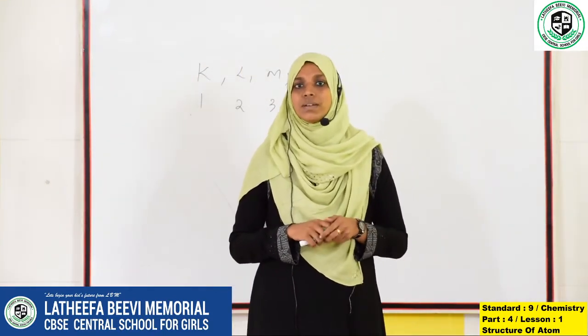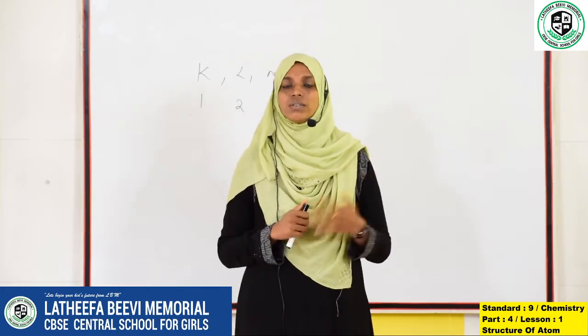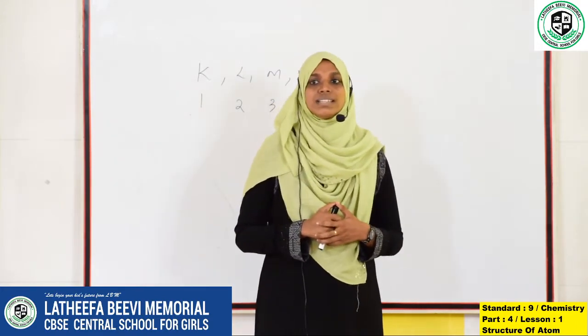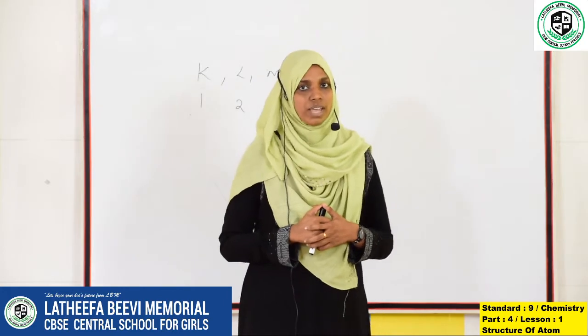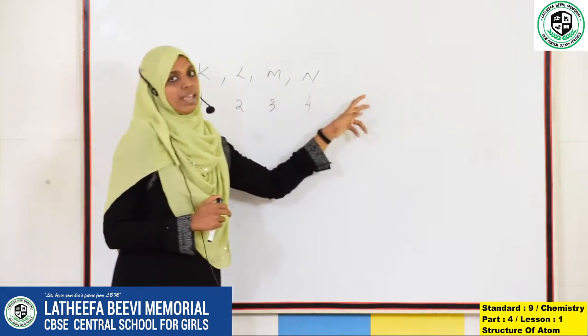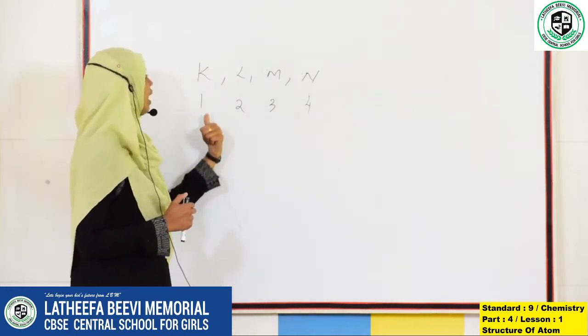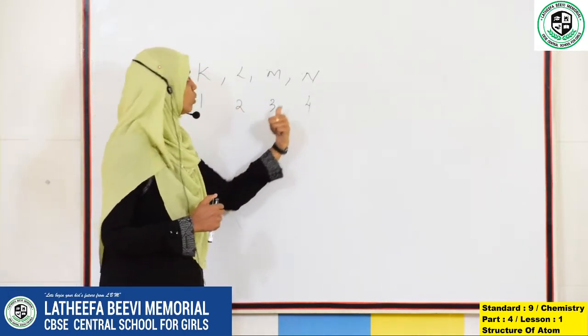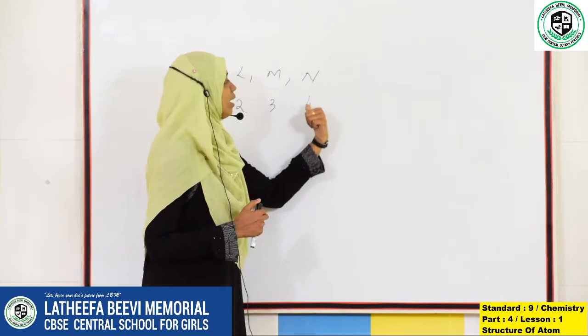The orbit is otherwise called a shell, and another name for shell is the energy level. These are the main energy levels K, L, M, N, numbered 1, 2, 3, and 4.